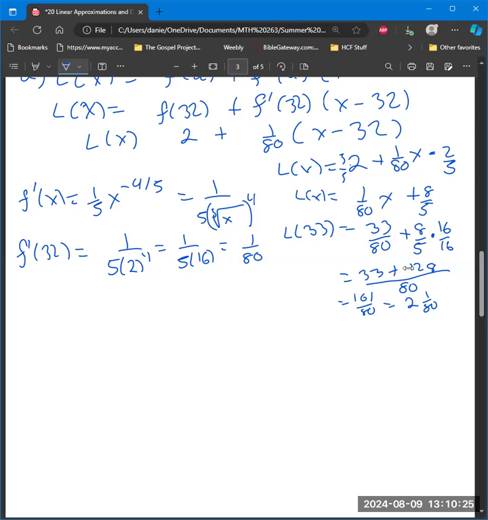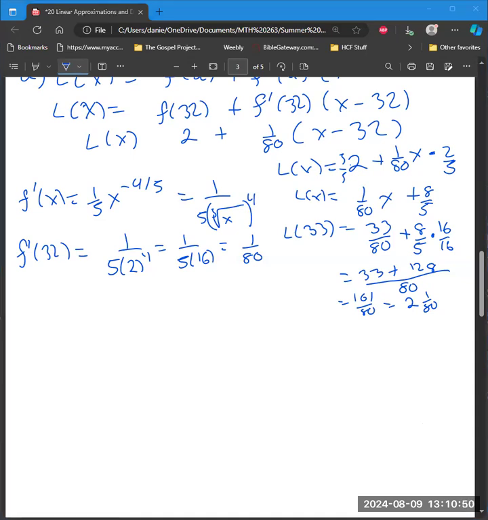Now let me just grab my calculator here and show you what the difference is to a few decimal places. Just a second to load that up and pull it over to the side for you.